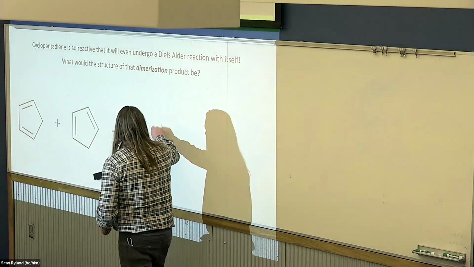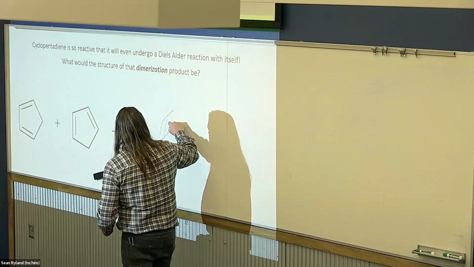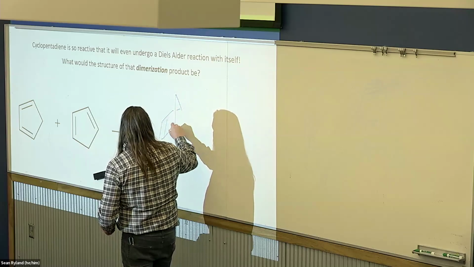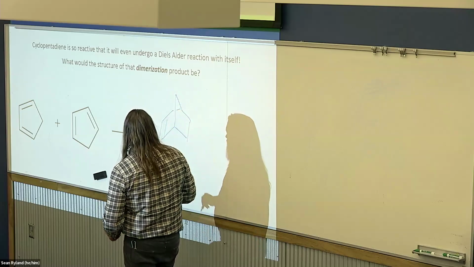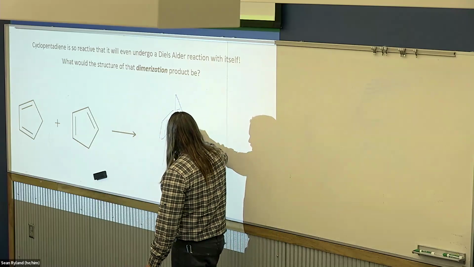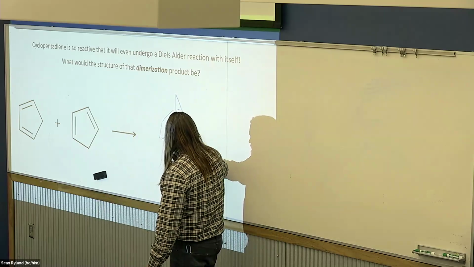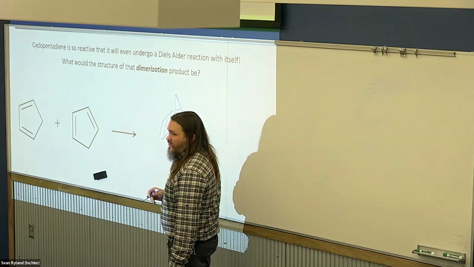So if we draw this out in this structure, we either wind up with our cyclopentyl group both down, like that, or both up. Yeah, those are your two enantiomers.